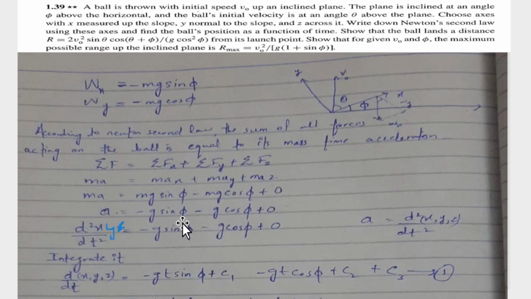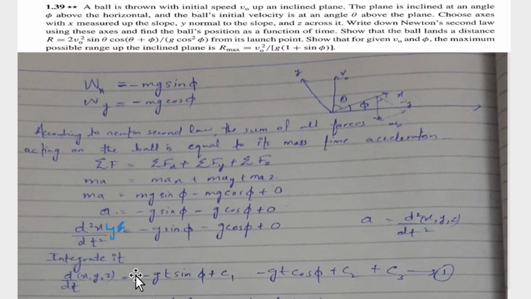After taking common and canceling the mass m, acceleration becomes the second-order derivative, along x, y, z. There are three axes, x, y, and z.